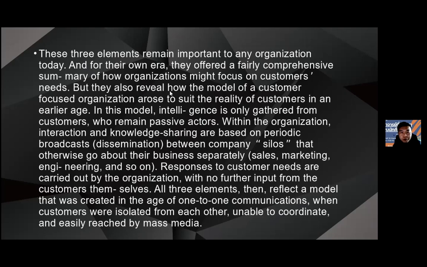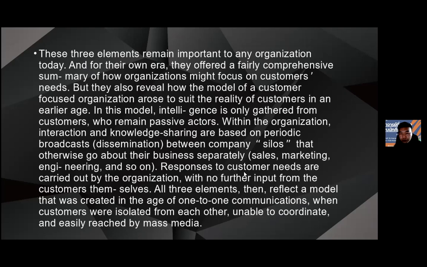But they also reveal how the model of a consumer-focused organization reflects the reality of consumers in an earlier age. In this model, intelligence is only gathered from consumers who remain passive actors. Within the organization, interaction and knowledge sharing are based on periodic exchanges between company silos that otherwise go about their business separately.